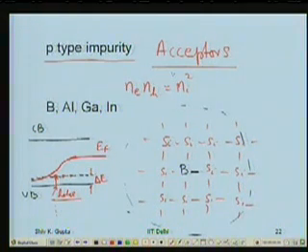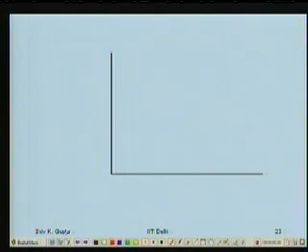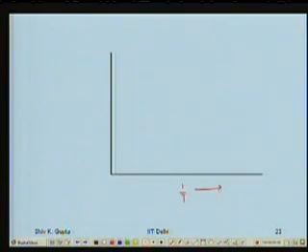That remains the same, and similar is the behavior of the phosphorus. The conductivity as a function of temperature, now if I look at, this is the reciprocal of the temperature.